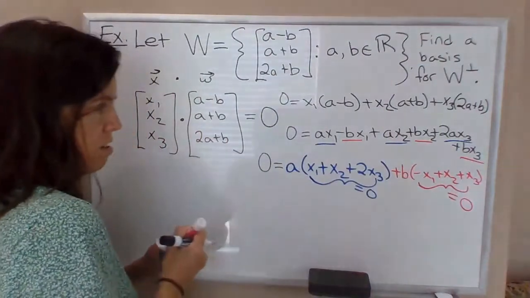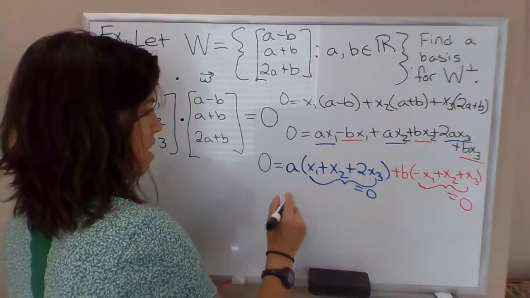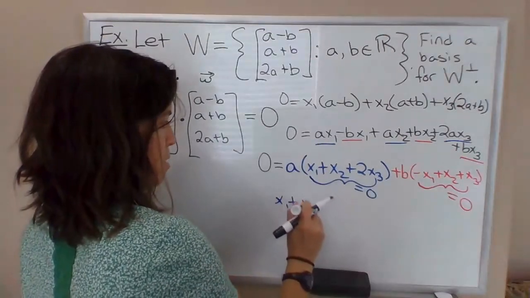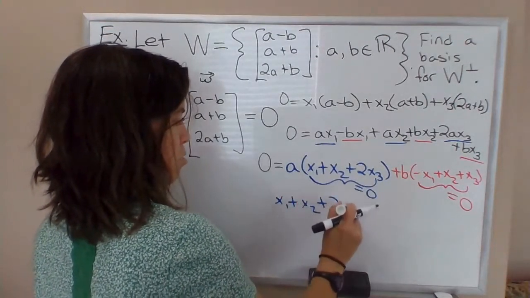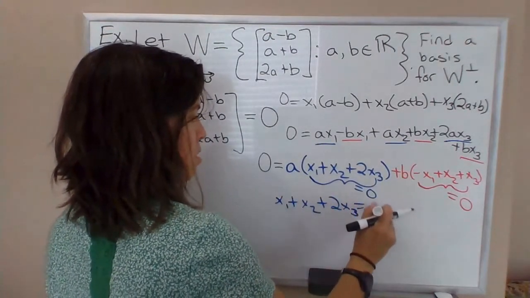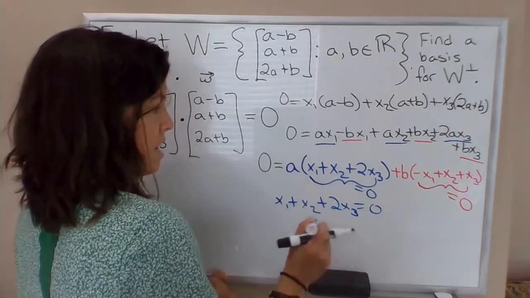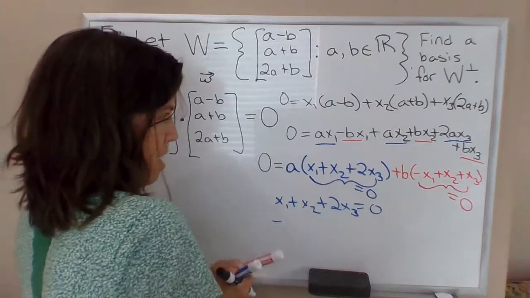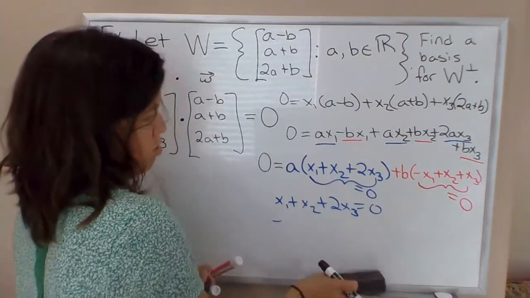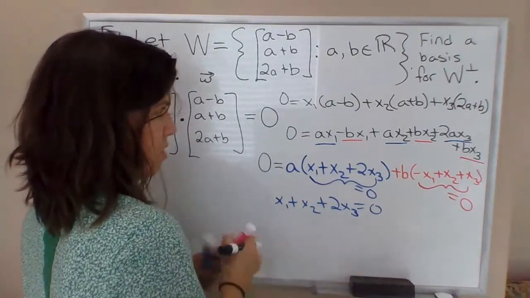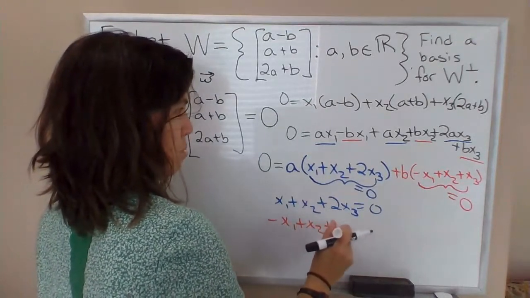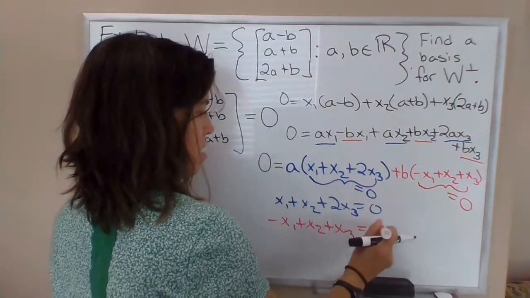That gives us a system of two equations. First equation: x1 plus x2 plus 2 times x3 equals 0. Second equation: negative x1 plus x2 plus x3 equals 0.